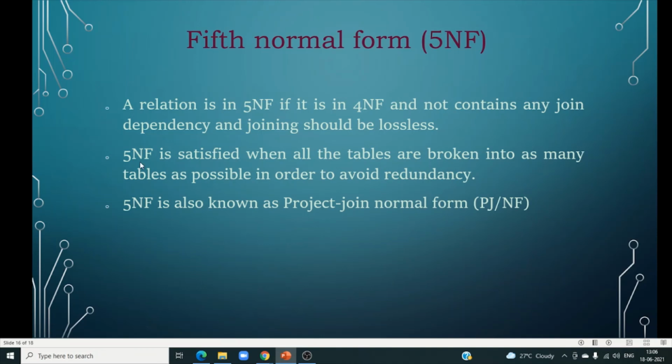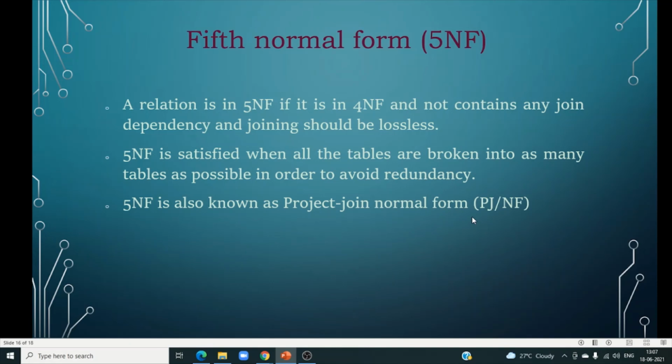Fifth normal form is satisfied when all the tables are broken into as many tables as possible in order to avoid redundancy. To avoid redundancy, we break them down into smaller tables. Fifth normal form is also known as the project join normal form.